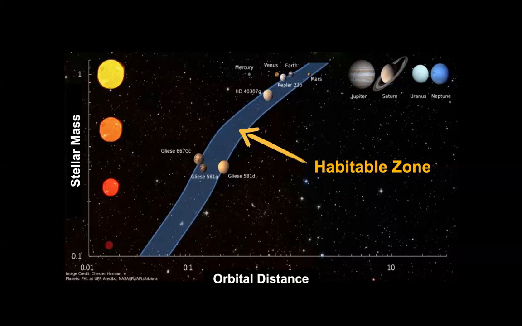It's the range of distances around different types of stars, where if you had a planet orbiting that star at that distance, you could reasonably expect its temperature to be such that if that planet hosted water, that water would be in a liquid phase. It would be stable surface liquid water, the way we have on Earth.